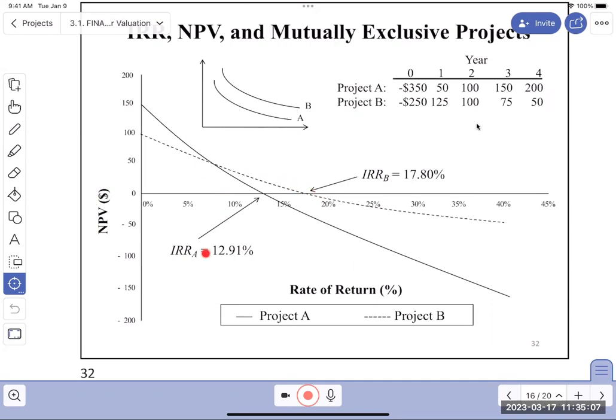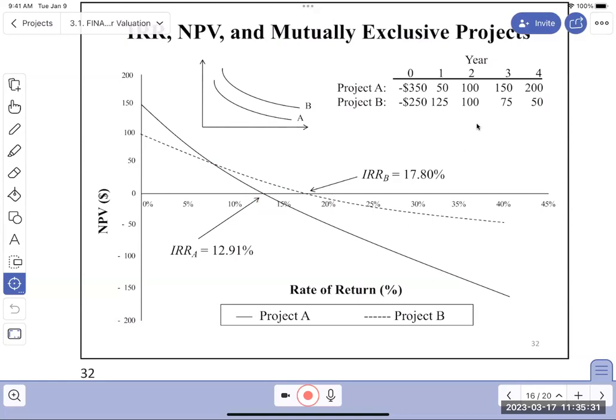In fact, if you compared project A's IRR with project B's IRR, the internal rate of return, depending on whether it's a finance project or an investment project, this is an investment project because the cash flows are all negative first and then all positive. So A and B both have their own IRR.